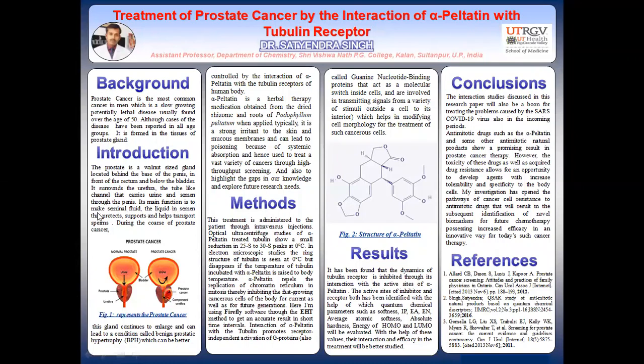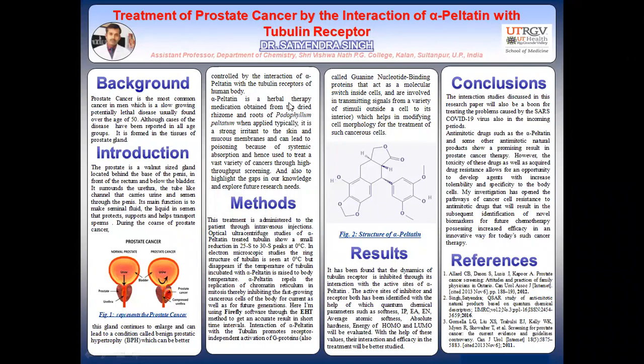Its main function is to make seminal fluid, the liquid in the semen that protects, supports, and helps to transport the sperm. During the course of prostate cancer, the gland continues to enlarge and can lead to a condition called benign prostatic hypertrophy, that is BPH, which can be better controlled by the interaction of alpha peltatin with the tubulin receptor of our human body.